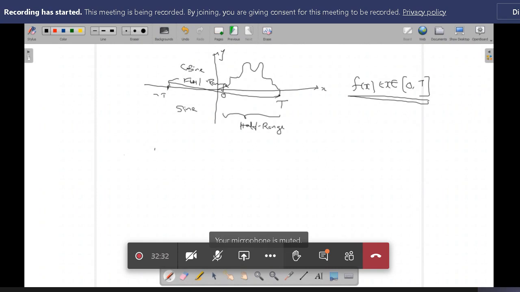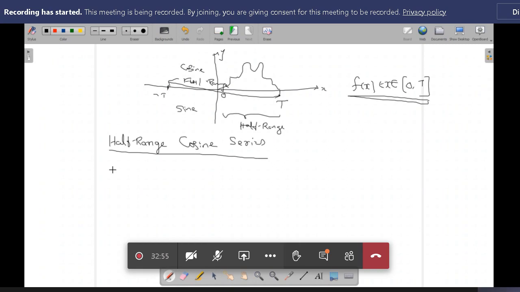So the definition is half range cosine series. I'll define first the half range cosine series. It contains only cos terms.